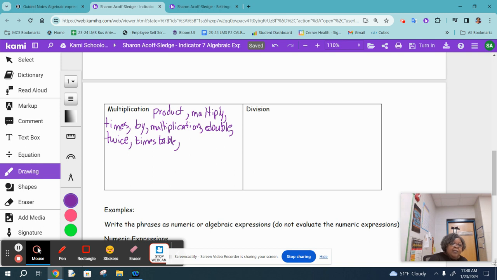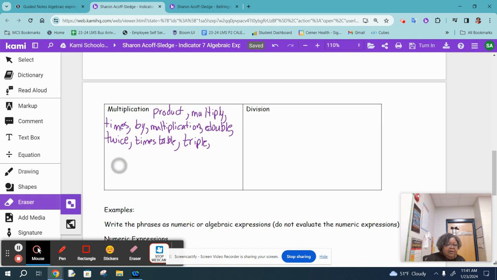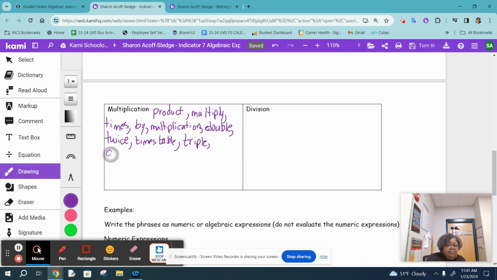Okay. What about triple? Triple means multiply by how many? If I say triple something, you're going to multiply by 3. What about this one? Quadruple. Yeah, 4. Multiply by 4. And look, if you don't know that already, like quadruple, you're going to do times 4. We don't really go higher than quadruple in this lesson.